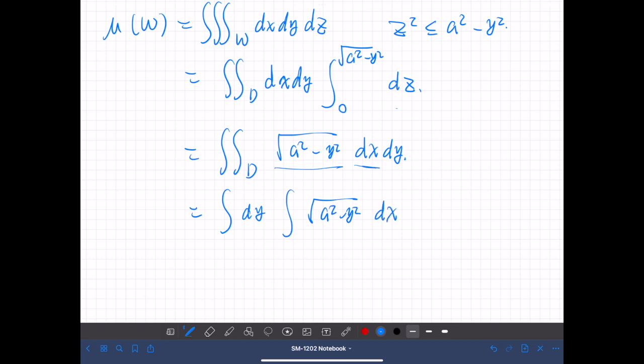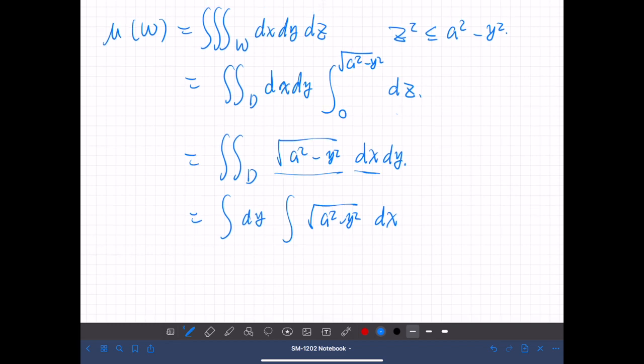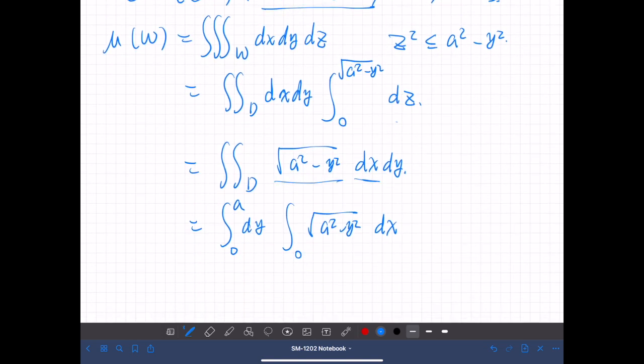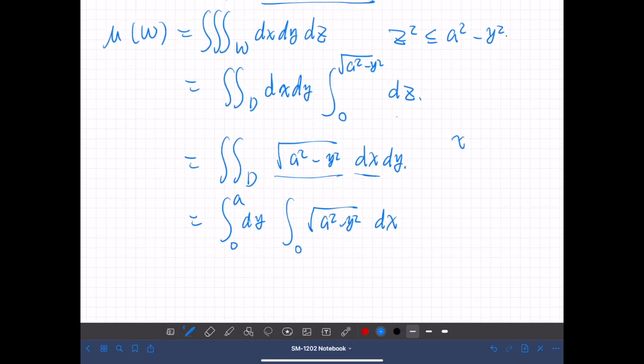And in this case, let's see, what's the range of x here? y should move from 0 to a, and in that case x should move, using this, so that x squared is less than or equal to a squared minus y squared. So x should move from 0 to square root of a squared minus y squared.